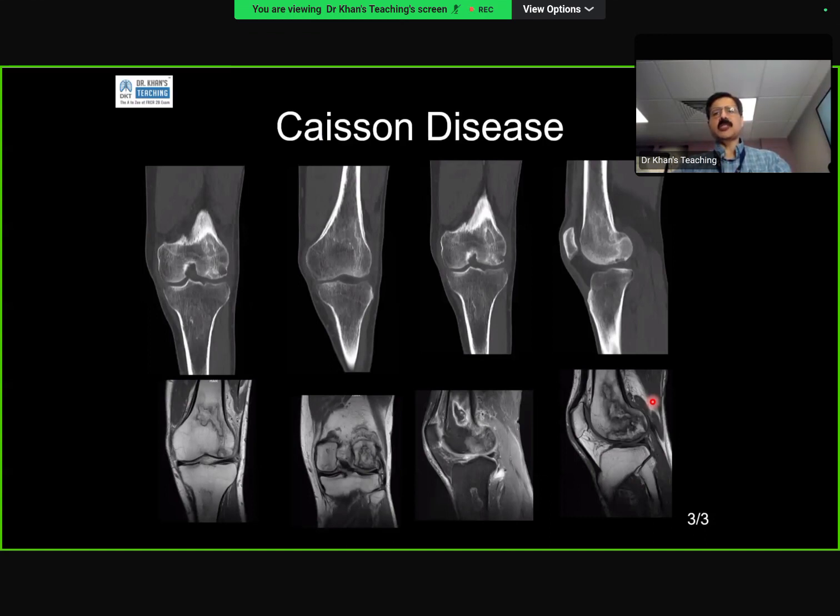In Caisson's disease, this is also known as the bends. Basically, what happens is that when you go into depths, more than 3 atmospheres, which is more than, let's say, 99 feet, at every 33 feet the pressure increases by 1 atmosphere, which is 760 mmHg.